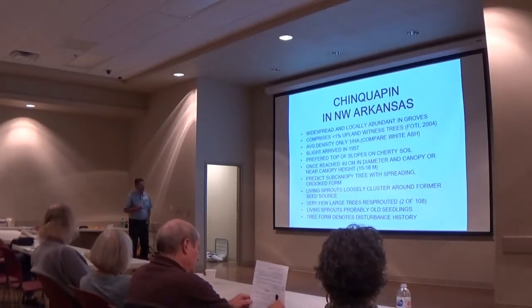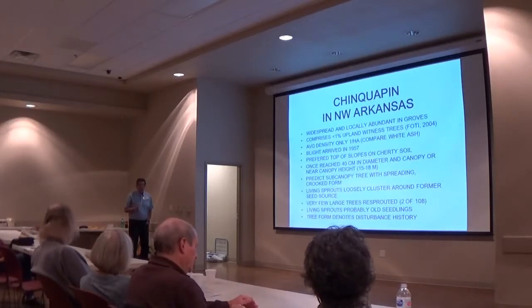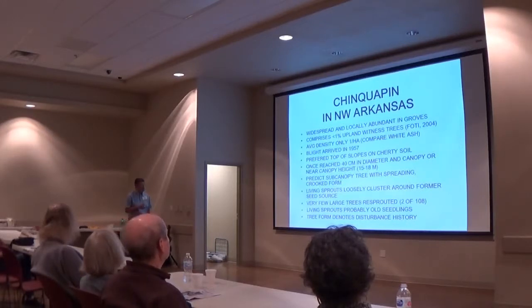I didn't show it, but almost all of these 108 trees had a single dominant stem. Whereas we know the trees that are repeatedly burned tend to develop these multi-stem forms. So the fact that almost all of these trees had single stems tells me that fire wasn't very important as they were getting started.